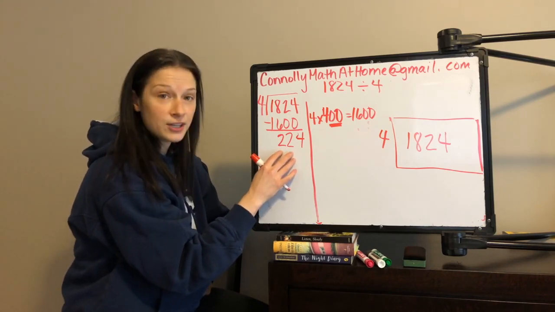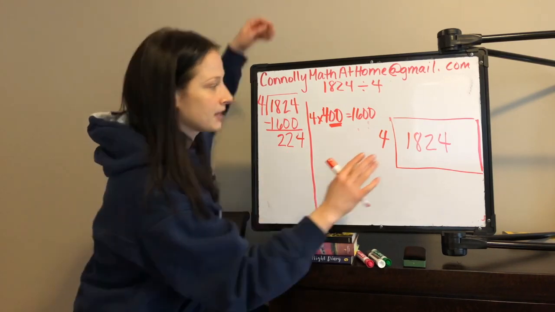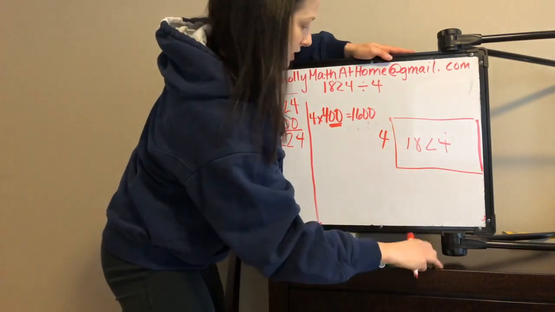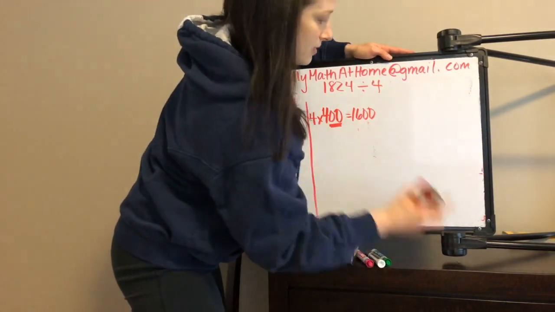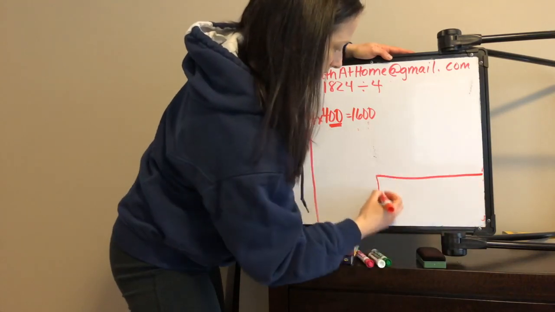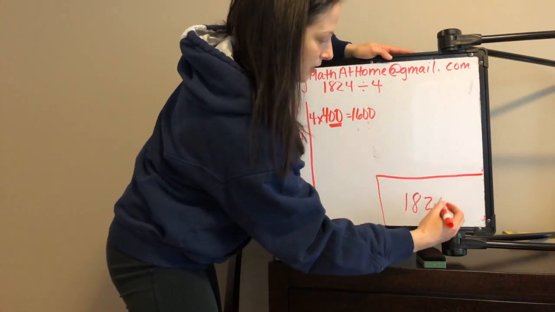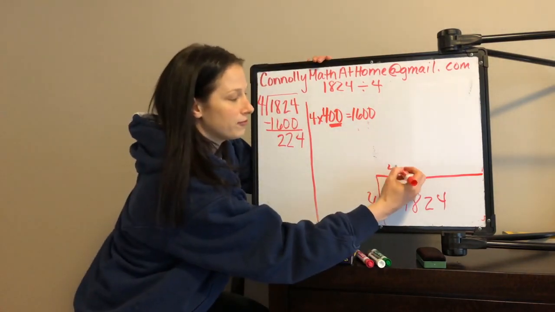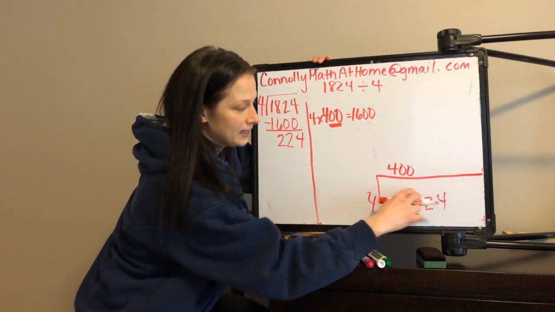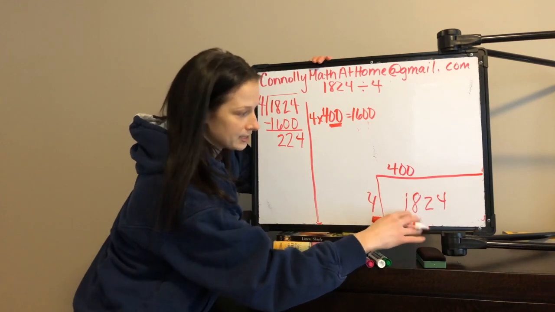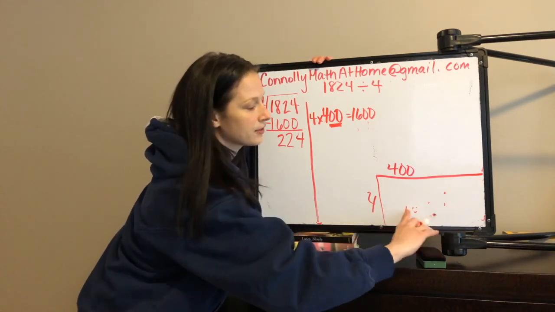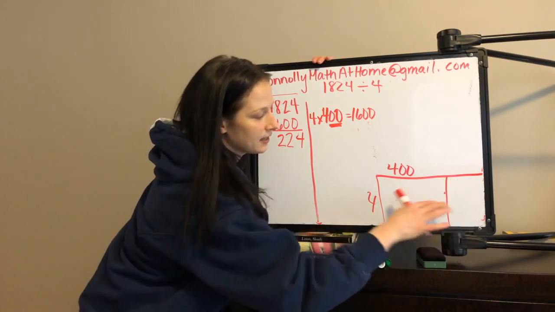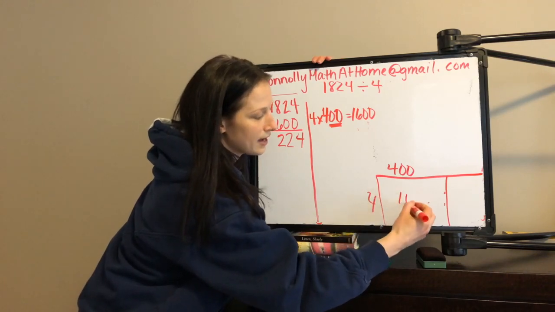So what does that look like in the area model? Well, I'm going to do it actually down here where there's a lot of room. I had 1,824. I said I'm going to put 400 in each of the 4 crates, and I know that this piece is going to equal 1,600.